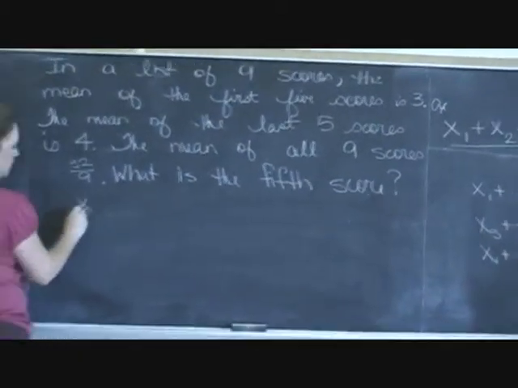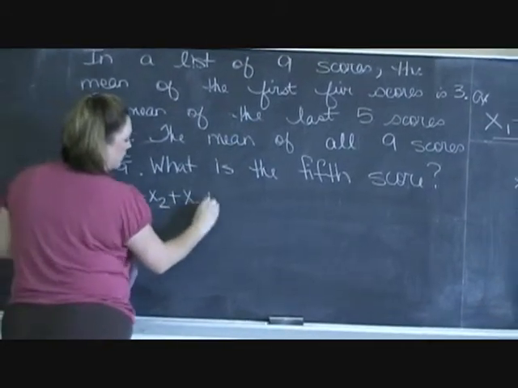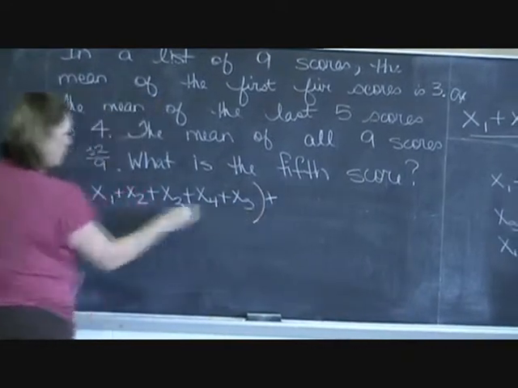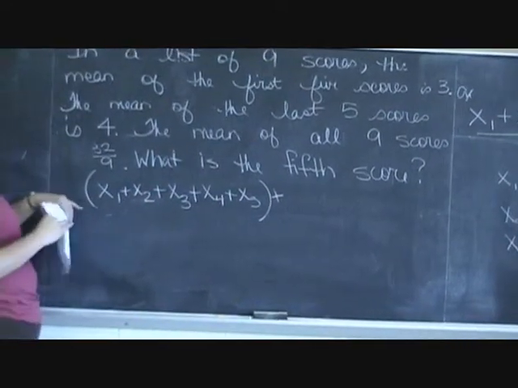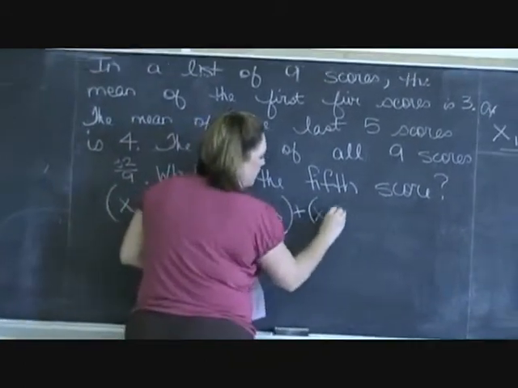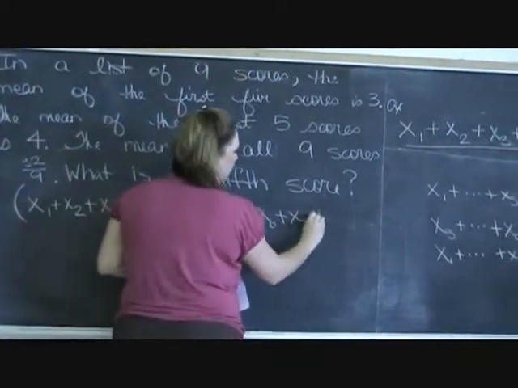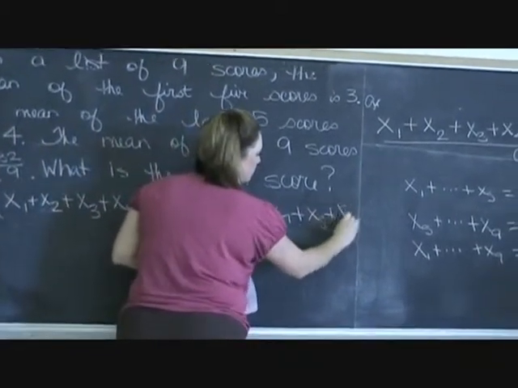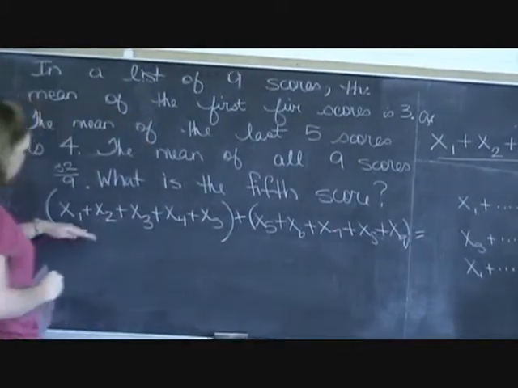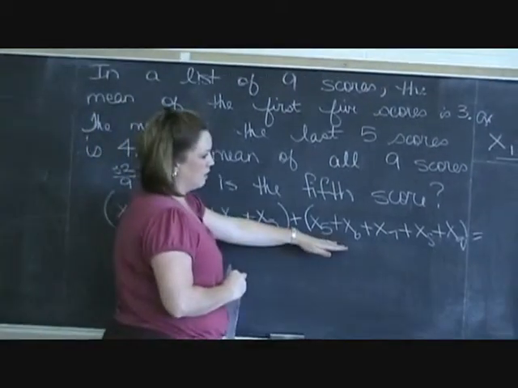If you add x1 plus x2 plus x3 plus x4 plus x5, which was what we found when we were looking at the first 5 scores, to x5 plus x6 plus x7 plus x8 plus x9, we should get 15 plus 20.